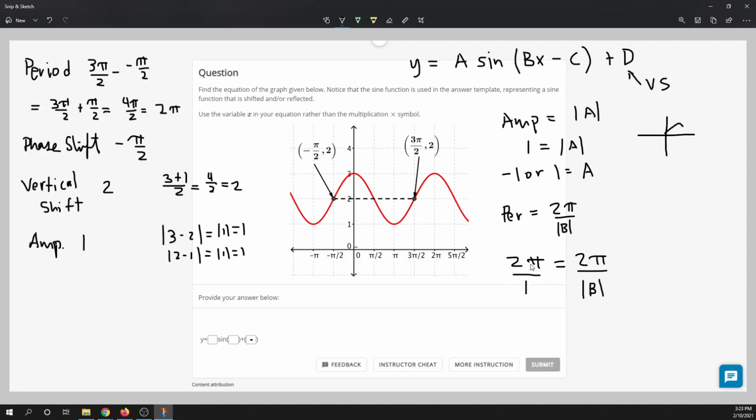So I can write this as a fraction and cross multiply. I get 2 pi times the absolute value of b equals, cross multiplying here, I get 2 pi. All right, next up, divide both sides by 2 pi.